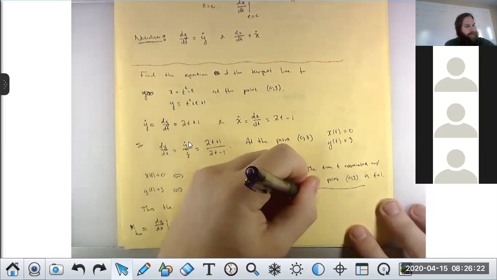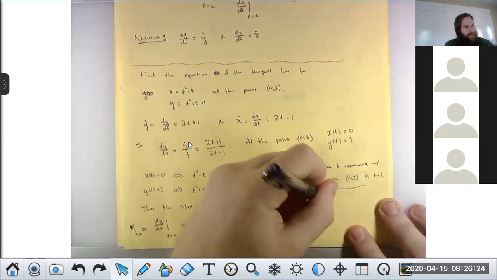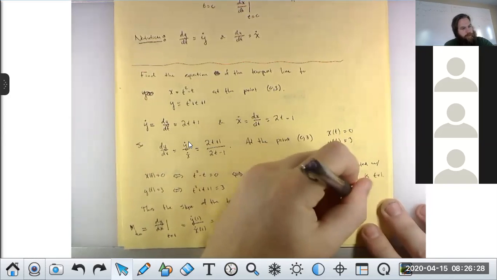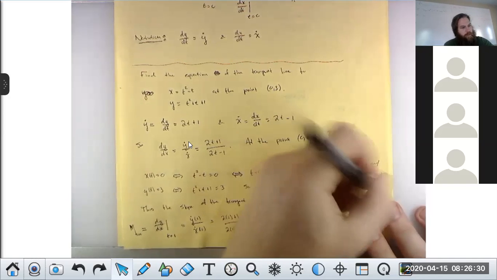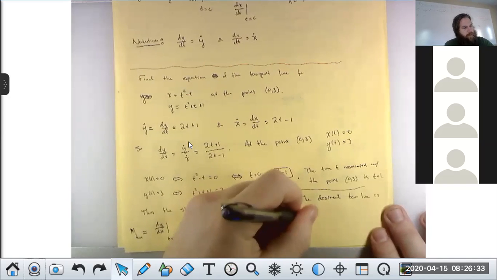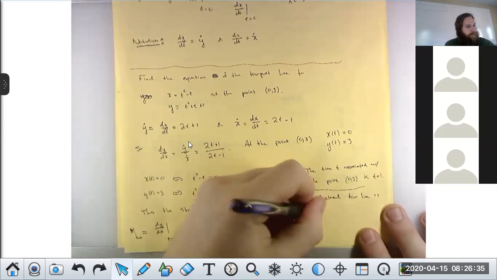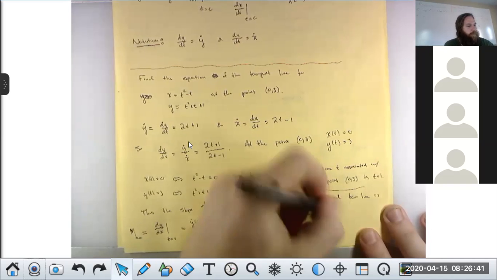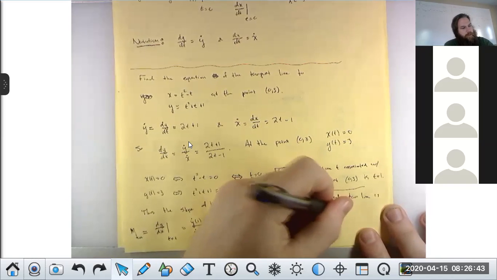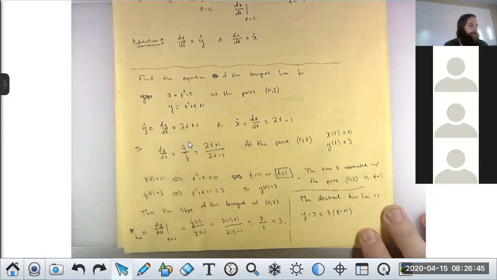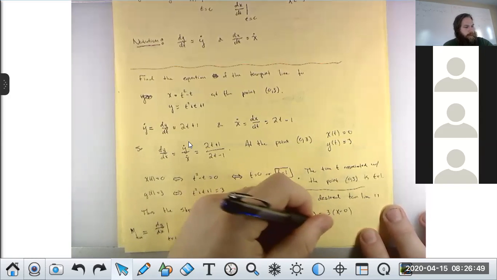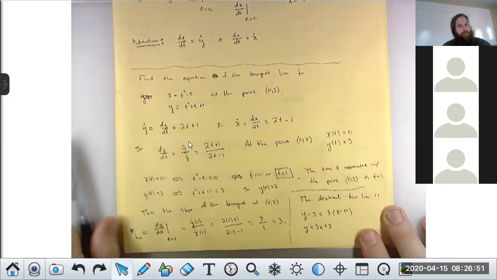So the tangent line is y minus 3 equals, so it's y minus y naught, I'm using the point slope form of a line, equals 3 times x minus 0, or y equals 3x plus 3.